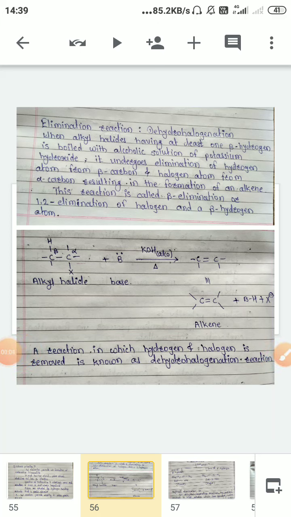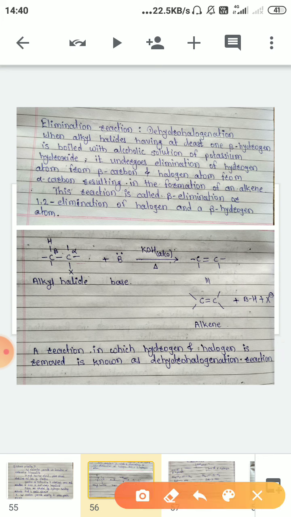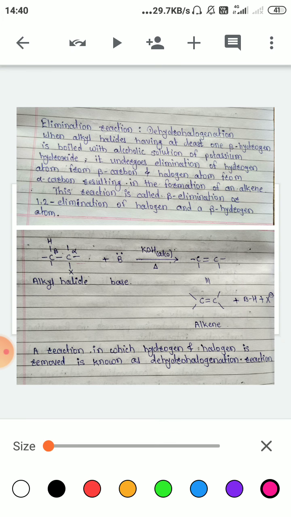Hello everyone. Today we are going to see elimination reactions of halogen derivatives. Elimination of hydrogen and halogen from adjacent carbon atoms is called dehydrohalogenation. De means removal, so therefore the name of the reaction is dehydrohalogenation.